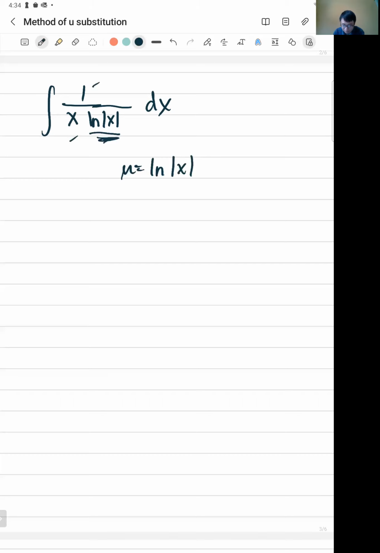So what I want to do is differentiate natural log of x, which is equal to 1 over x. That's exactly what I said when I talked about the indefinite integral. And so du is equal to 1 over x times dx.